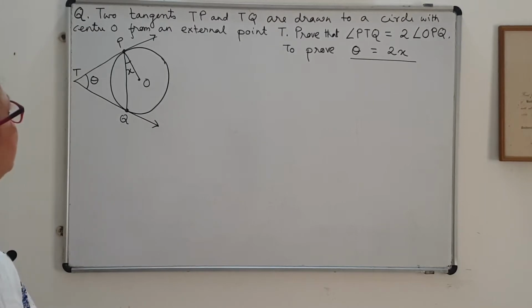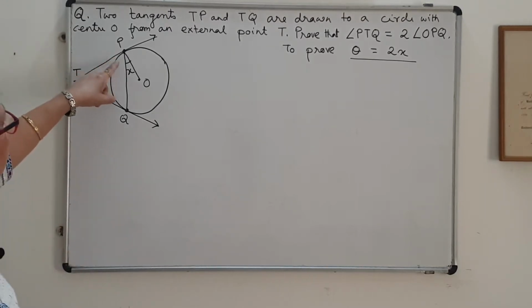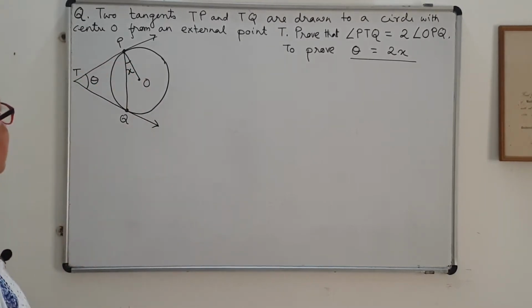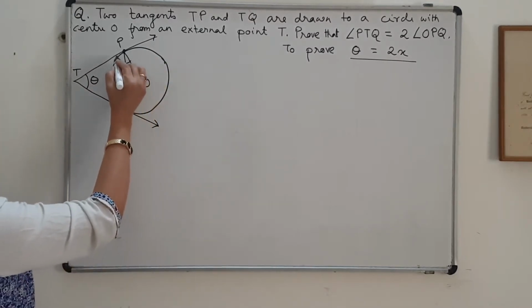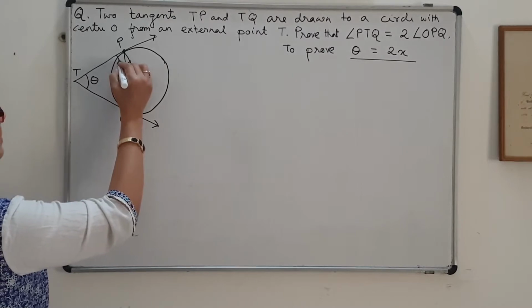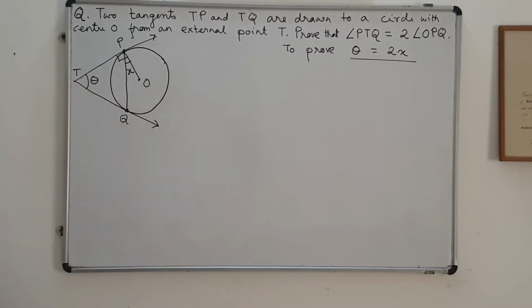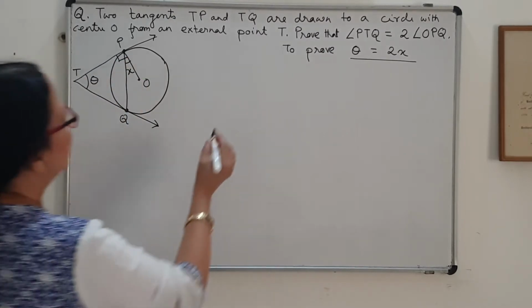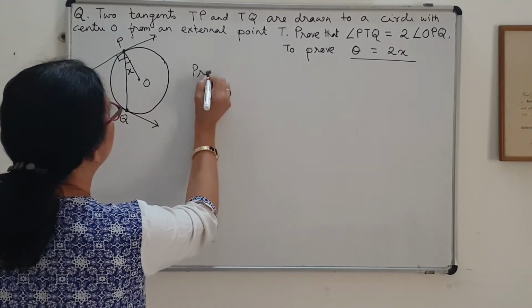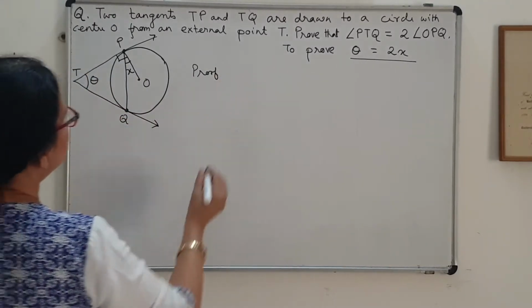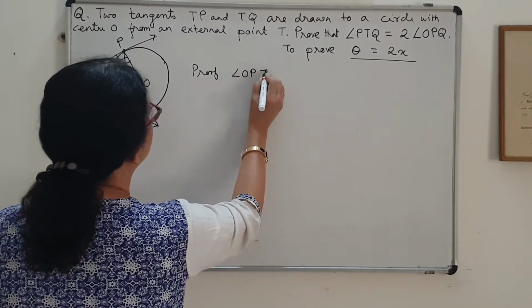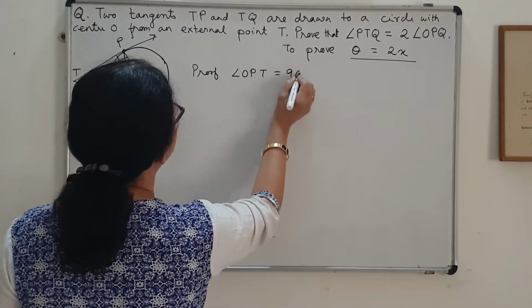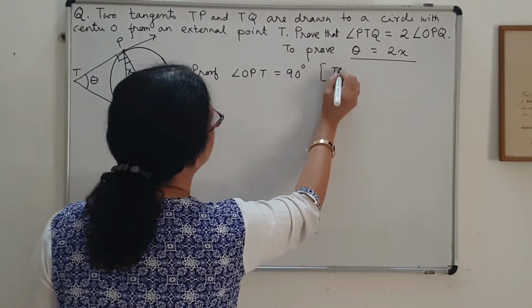First of all I will be using the first theorem, that the tangent is perpendicular to the radius through the point of contact. So that means this angle is 90 degrees. Okay, so let me write the first proof. Angle OPT is equal to 90 degrees by the theorem.